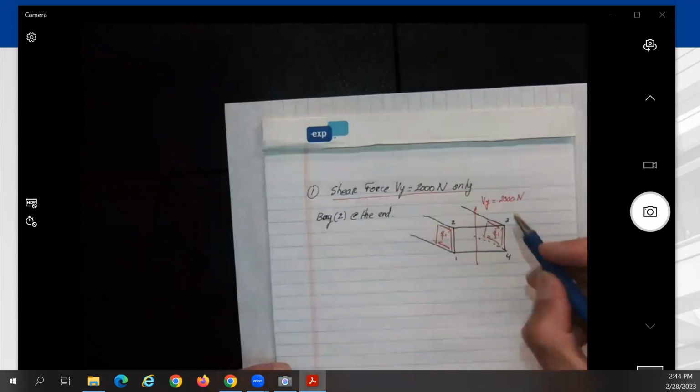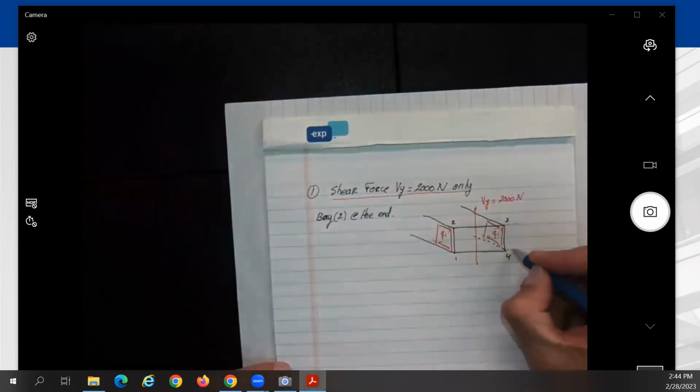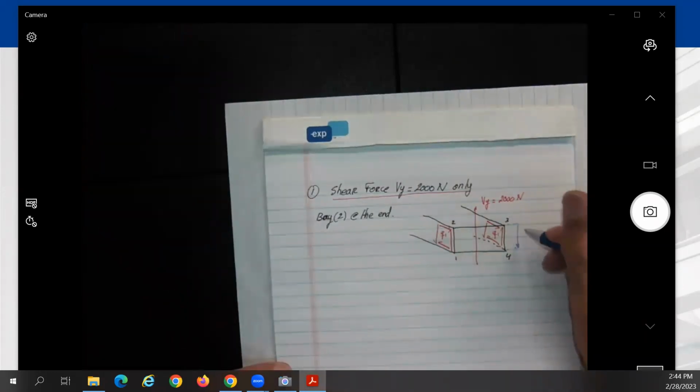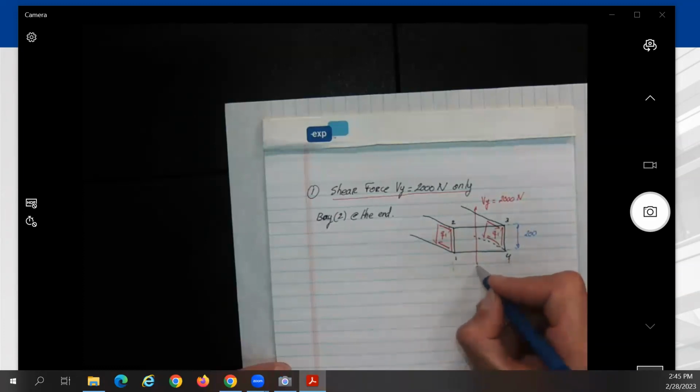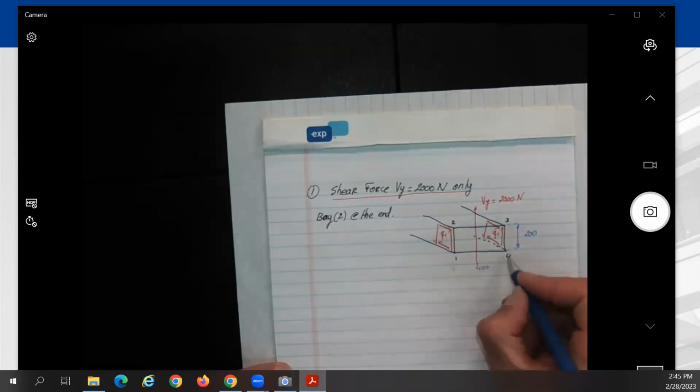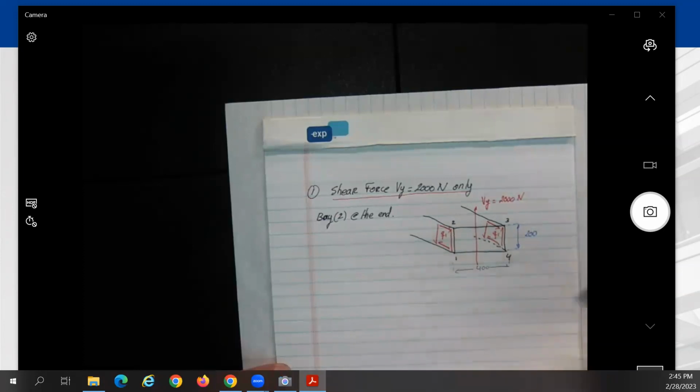Q1, and remember, you asked me here, the height or the depth here is 200, and both are Q1, correct? Because you assume they're both going to resist the same amount.